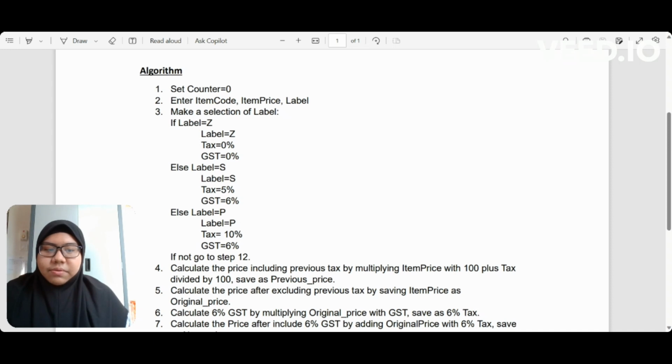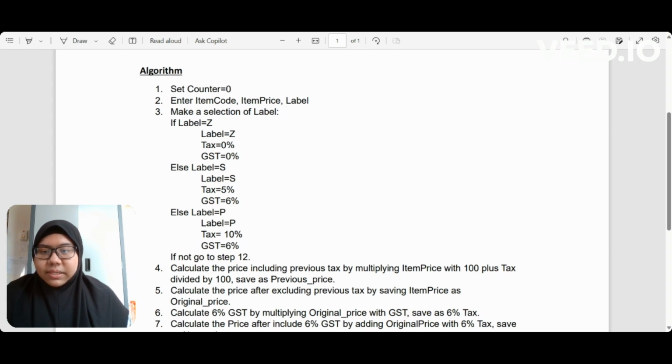and then whatever label we have inputted, it will compare that to the condition. So if label is equal to Z, the label will be Z, the tax is 0%, and the GST is 0%.